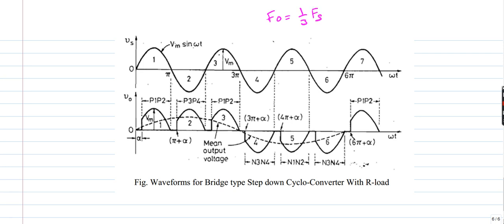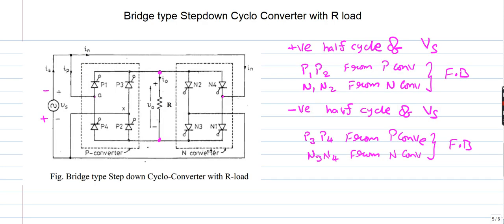During the first cycle, that is the positive half cycle, P1, P2 are in forward blocking mode from the P type converter, so triggering pulses will be given to P1 and P2, so that current flow starts from A through the load and P2 to neutral.